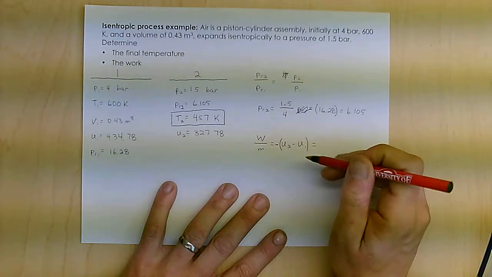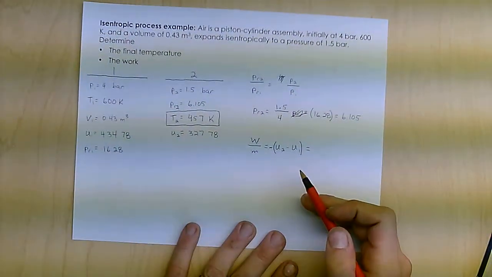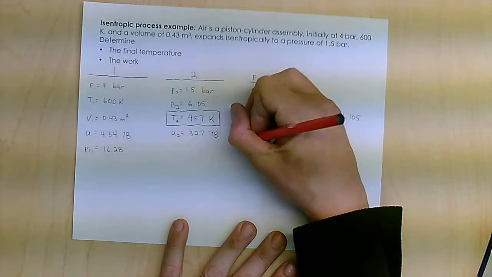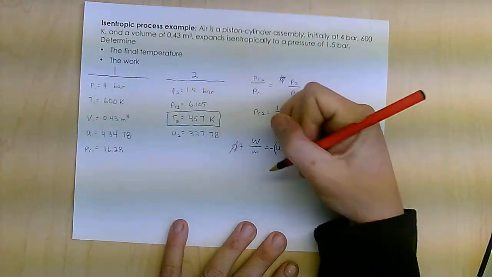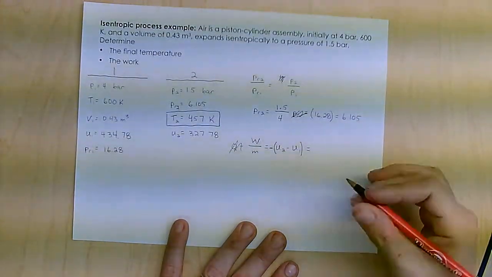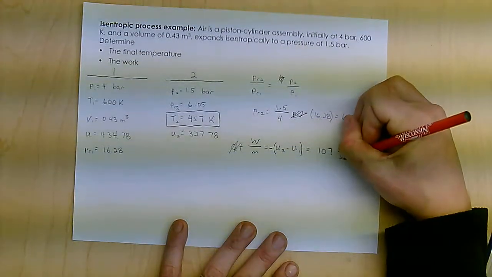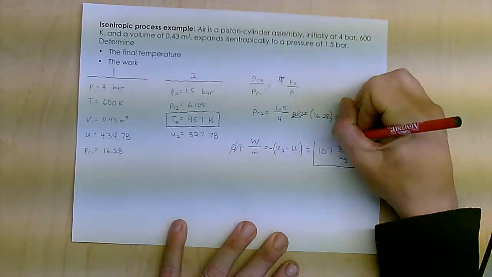Q minus W is delta U. So to solve for that, I bring the negative to the other side, and that goes away. And when I plug those values in, I actually get 107 kilojoules per kilogram on this.